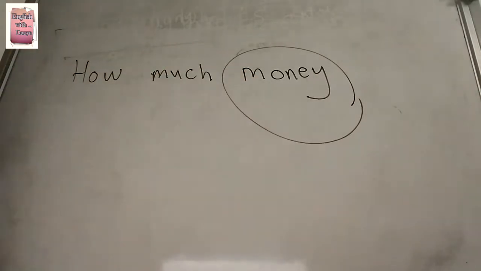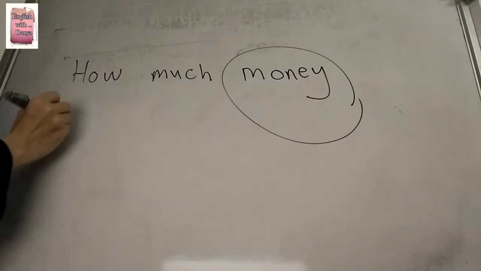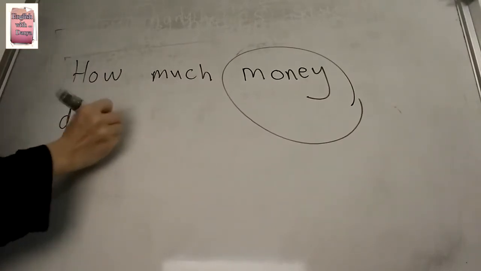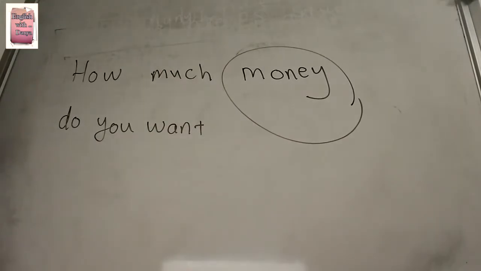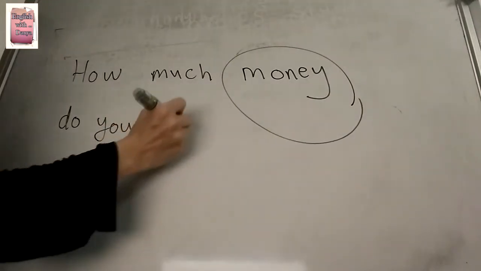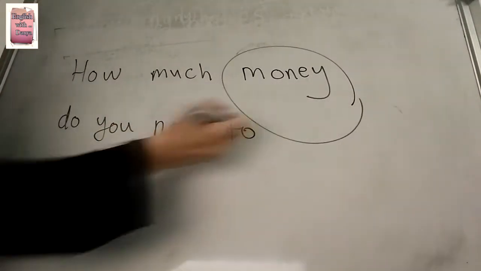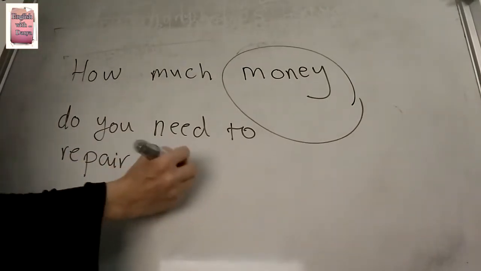Because money is uncountable. All right. So when it comes to asking a question about money, we will say, how much money do you want? Or how much money do you need to repair your car?